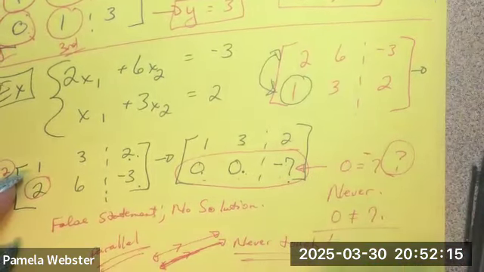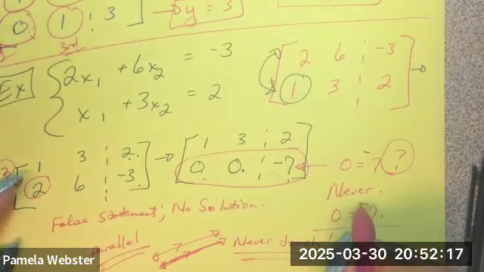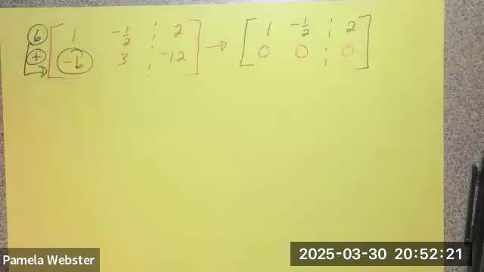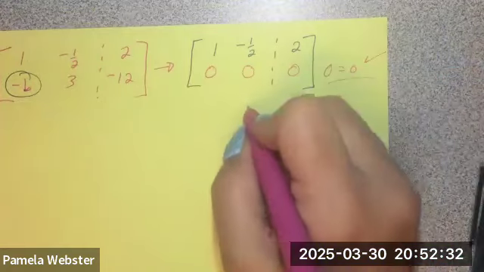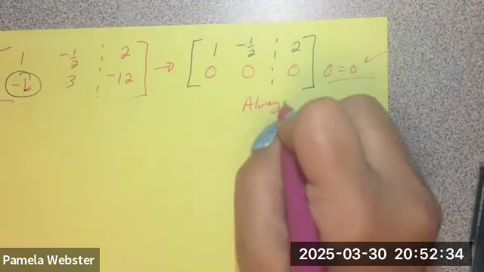I mixed that up too. But it didn't matter because a 0 is not a negative number. But now I have 0 equals 0. That's true. That's always true.